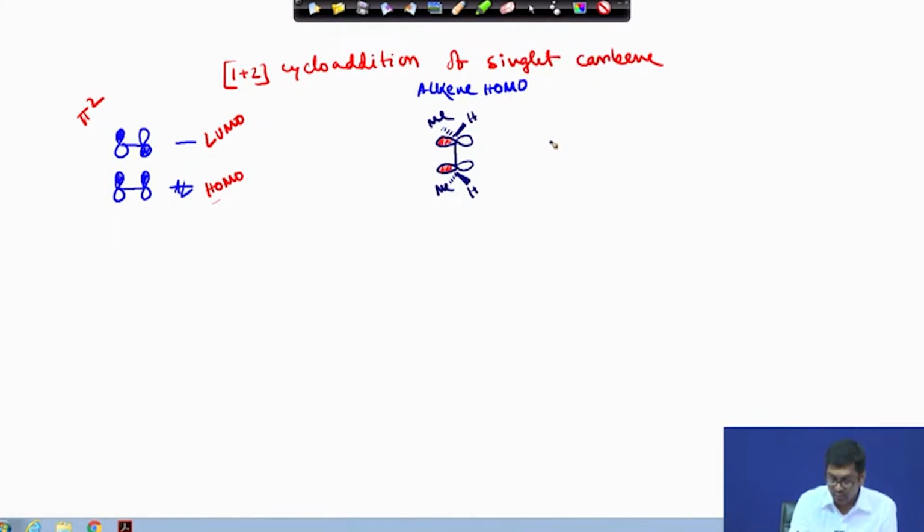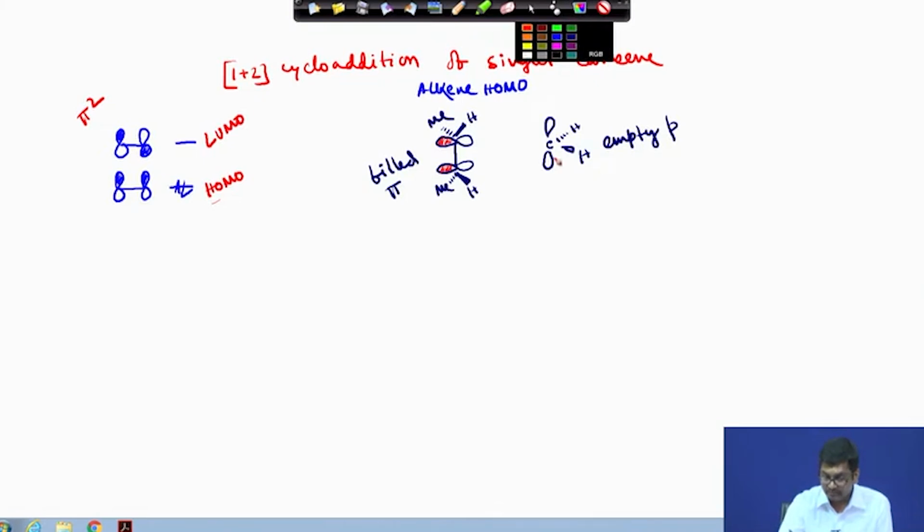So, if we see the carbene LUMO, this is the carbene LUMO where this empty p orbital is there. So, this is the empty p orbital and this is the filled pi orbital. In this case the empty p orbital is the carbene LUMO.